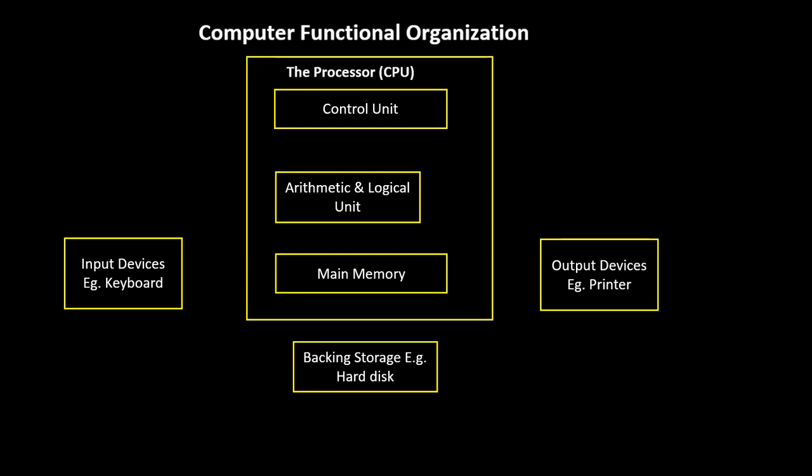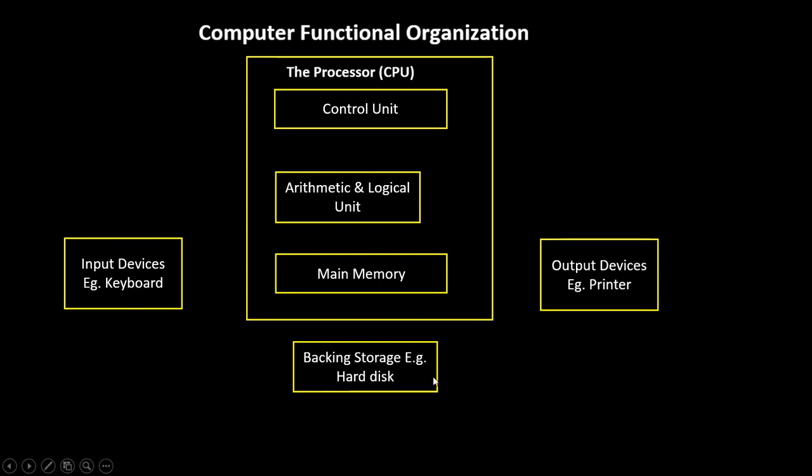Now, look at these major components where we have the input, the CPU, and the output devices. This one is the CPU with its components. This one is the input devices, for example a keyboard. There can be many.